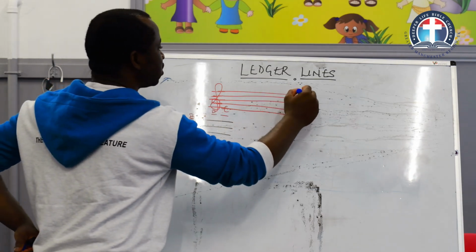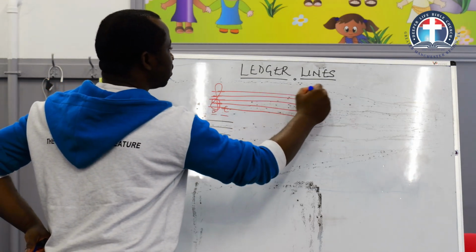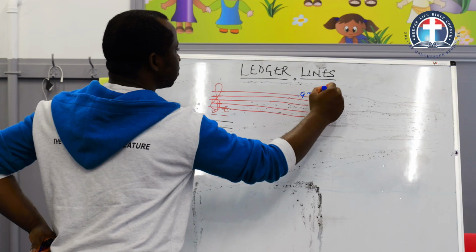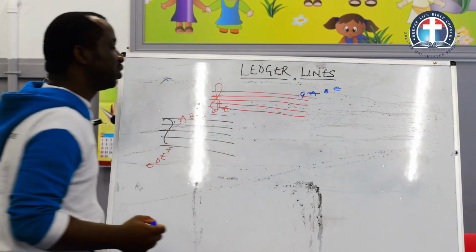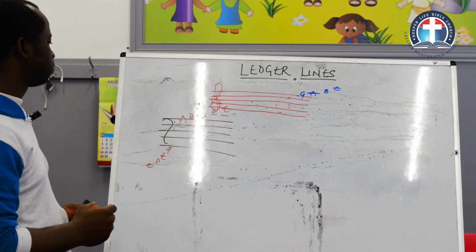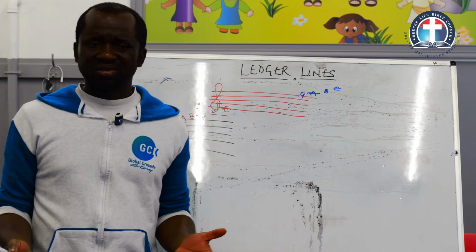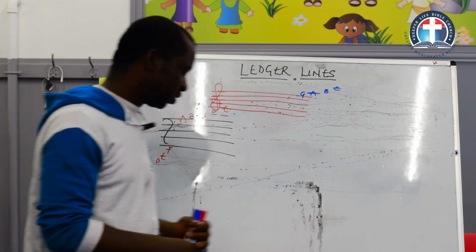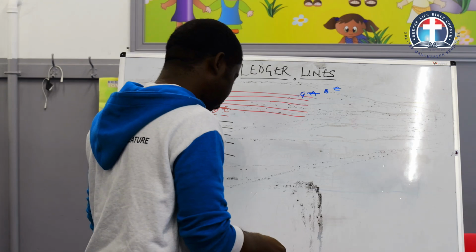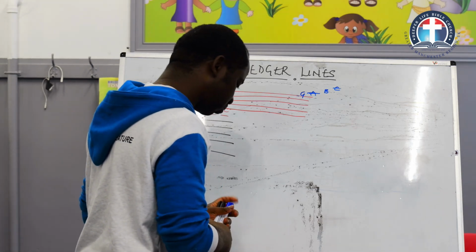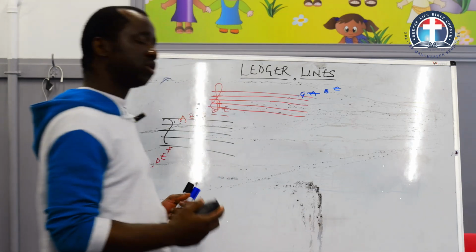F. Then it means this is G, then this is A first, B, and then this is C. Second ledger line is C. Okay. This is just straightforward. All right, I don't think you should have problem with this. Okay, any question?